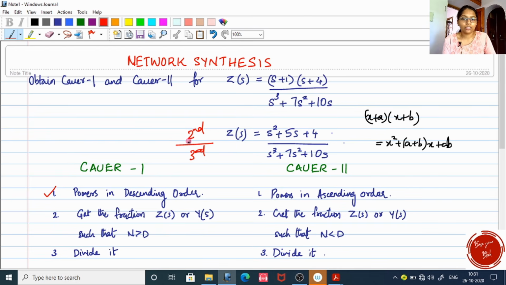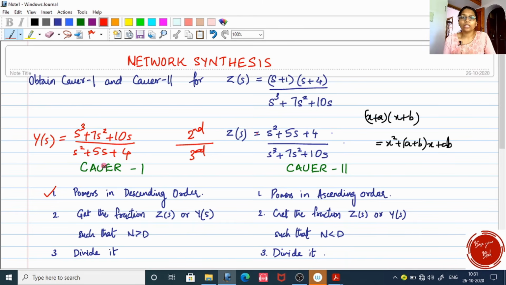So it is just the reverse in this case. So what to do? Let us take the reciprocal on both sides. So it becomes s cube plus 7s square plus 10s divided by s square plus 5s plus 4 on the RHS. Now when we take the reciprocal of Z of s, the impedance function, it becomes the admittance function.